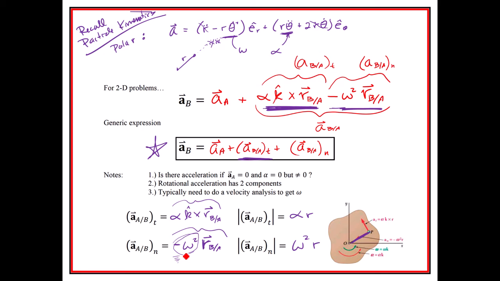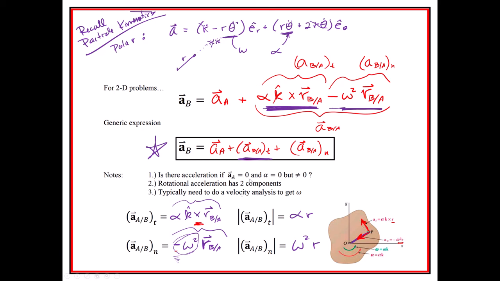It reverses the direction because of that negative, so it's along the line and it's pointing towards the center, and that's why that's the centrifugal portion of it. That negative makes the position vector, which was pointing outwards, now point inwards. And then this cross product for the tangential makes this perpendicular to the position vector. And so that really is the tangential component and the normal component of these things.